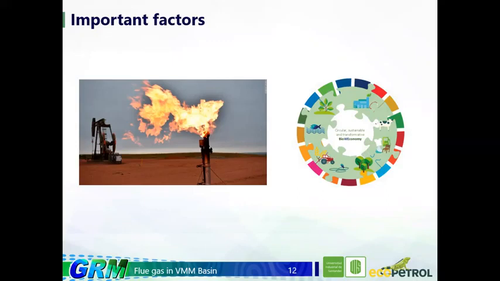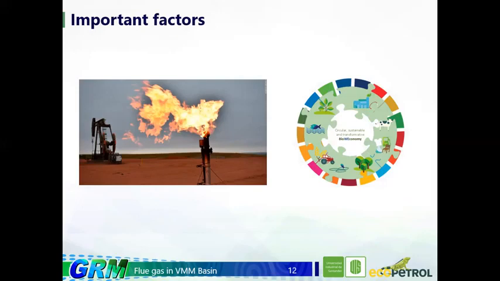The first one is that producing the steam for injection into the reservoir generates a lot of gases. One of those is the flue gas, and those are not good for the environment.